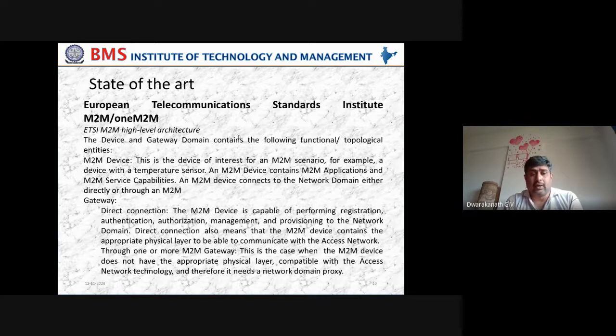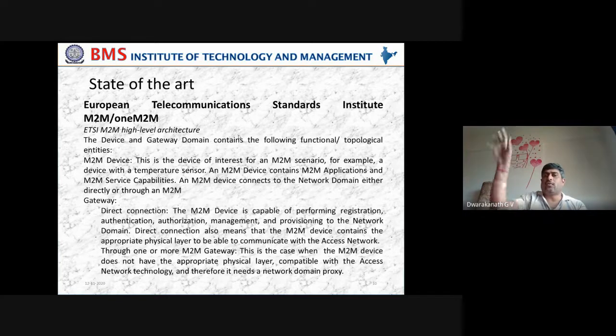What about a gateway? A direct connection will be there. The device can be directly connected to the internet. Yes, the M2M device is capable of performing registration, authentication, authorization, management, and provisioning to the network domain. Yes, that is the Raspberry Pi or Arduino or Node MCU, whatever we are using; those are all the direct connections which we use.